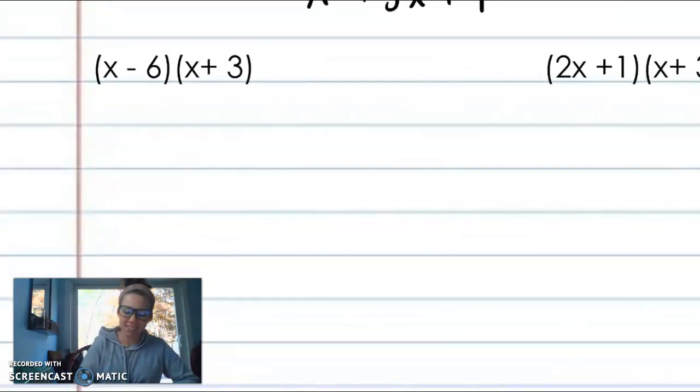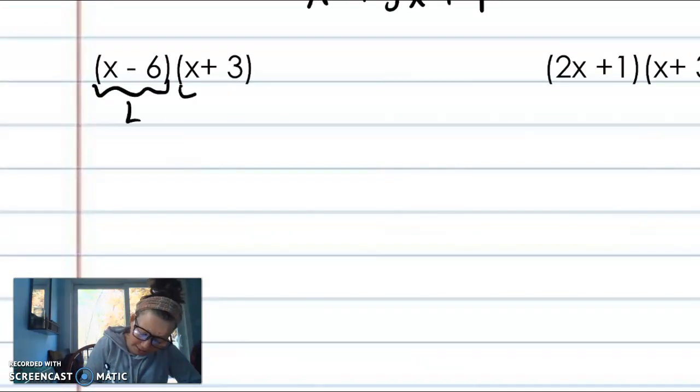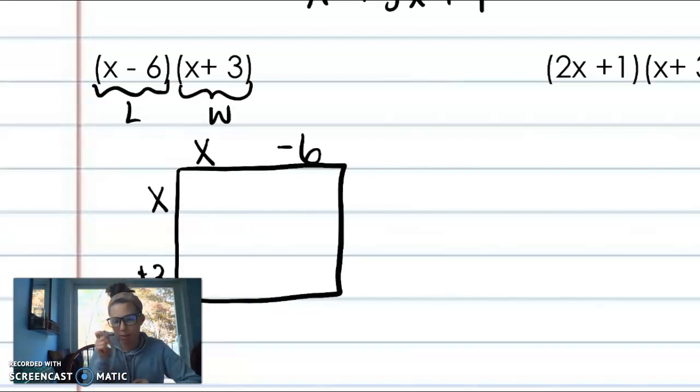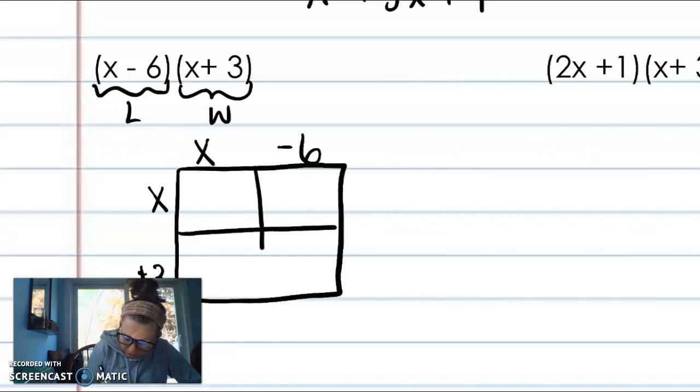Okay, so the same thing. We're going to say that this is the length and this is the width. So I'm going to set up my rectangle. I'm going to do x minus 6 and then x, and sometimes I even do it like this, plus 3, so that the plus sign is just next to the 3. And again, it's 2 terms to 2 terms.